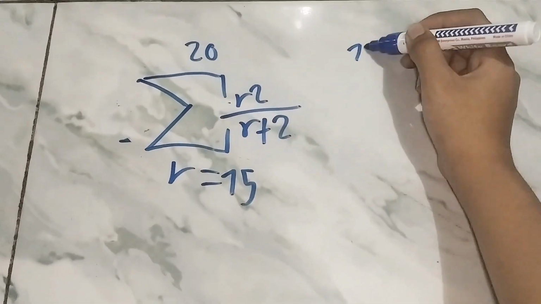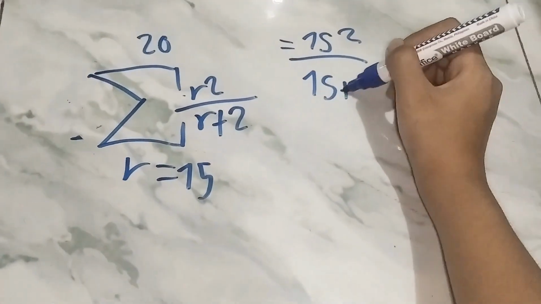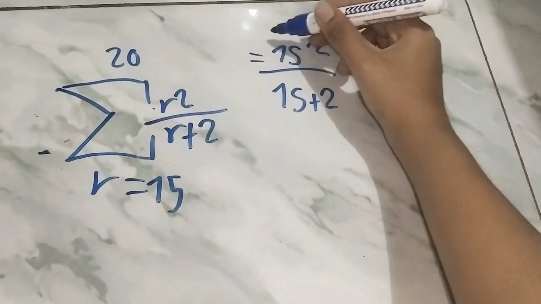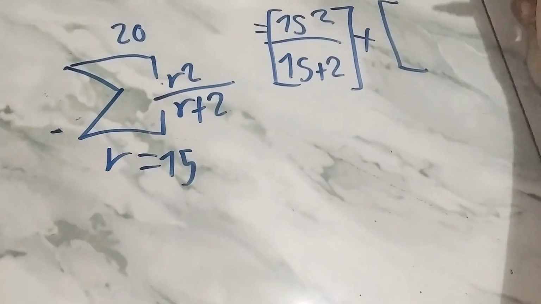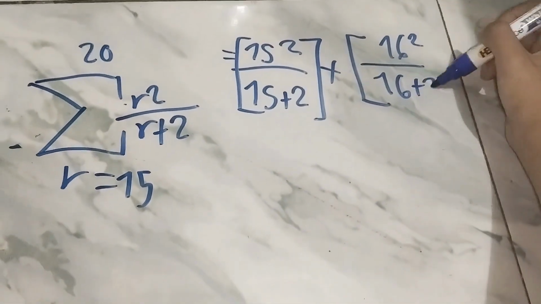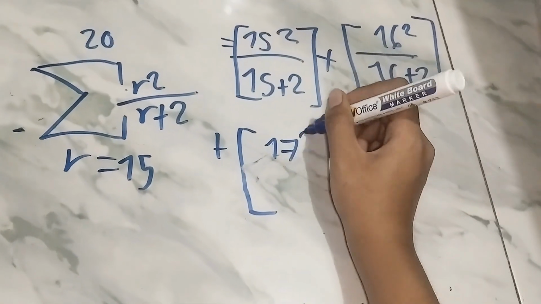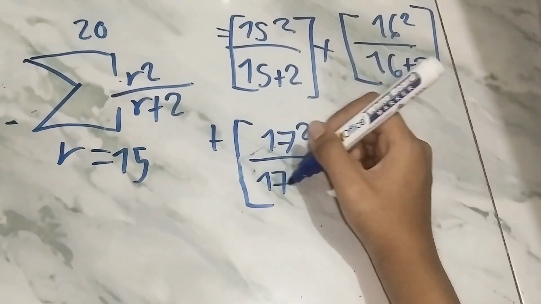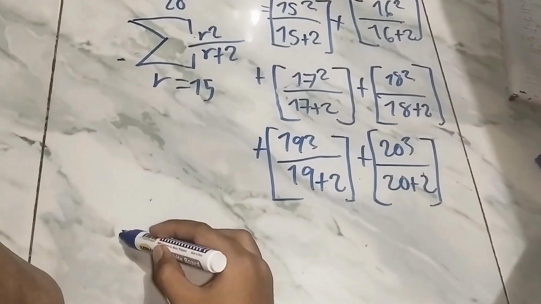We have 15 squared over 15 plus 2, plus, let me put a bracket here. Sorry, forgot. Here 16 squared over 16 plus 2, plus 17 squared over 17 plus 2. So now we're done, and then of course, same thing, we're going to add them.